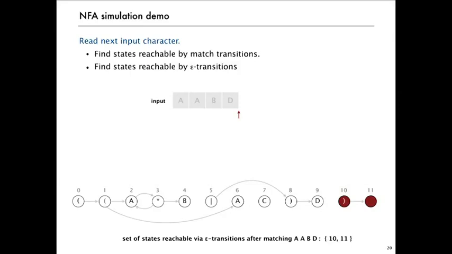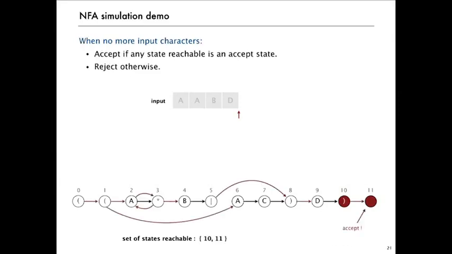Now our condition on whether we accept a string or not is whether we could get to the accept state, and in this case we could. It is possible for the machine to get from 0 to the accept state and read all the input characters, so that simulation is a proof that the machine accepts the input AABD. We simulated its operation all possible ways, and we managed to find the accept state.